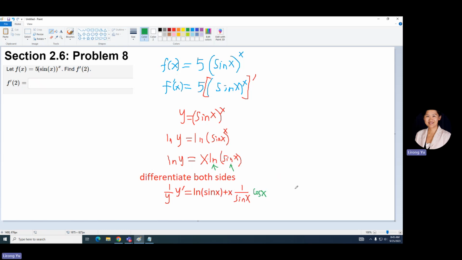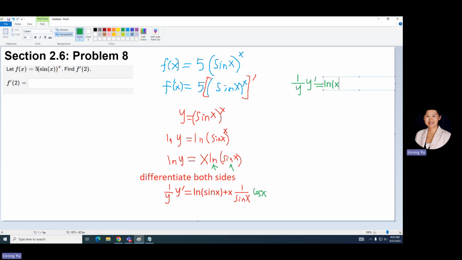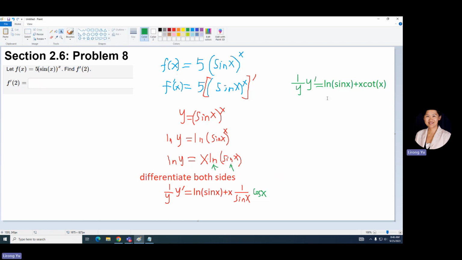This is going to multiply cosine of x. All right, and then realize that cosine over sine is actually cotangent. So now we have 1 over y times y prime is equal to the logarithm ln of sine x plus x times cotangent of x. Right, so that's 1 over y times y prime.